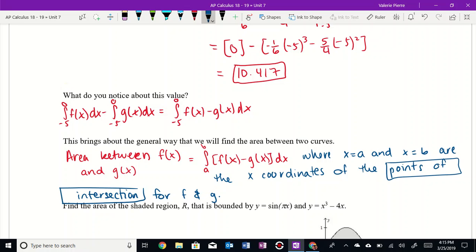Okay, so a and b have to be the points of intersection. If we go back to the previous page, you'll notice that at x equals -5 and at x equals 0, the two graphs intersect each other.